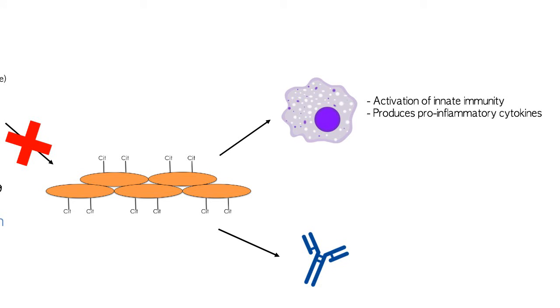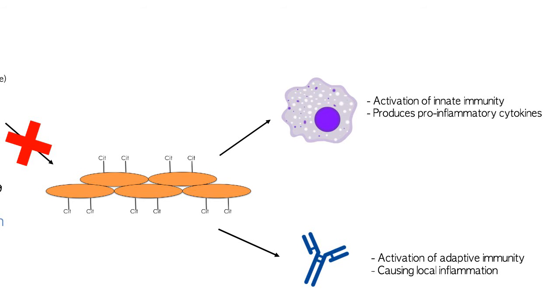On the other hand, as citrulline is not one of the 20 amino acids encoded by our genetic code, citrullinated alpha and beta chains of fibrin are immunogenic and can be recognized by ACPA, thus activating the adaptive immunity and causing inflammation.